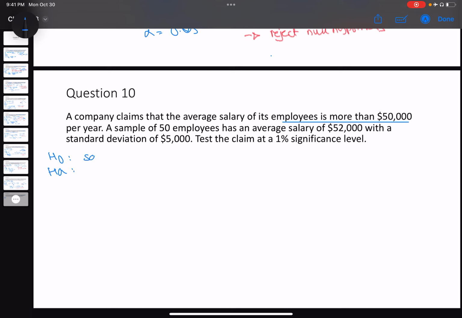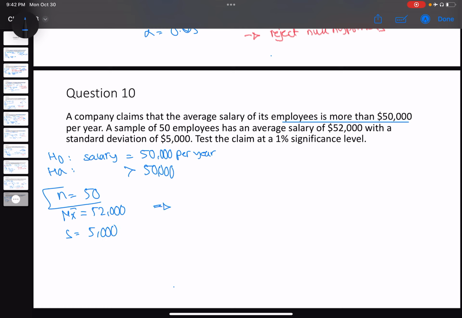A sample of 50 employees has an average of 52,000 per year with a standard deviation of 5,000.